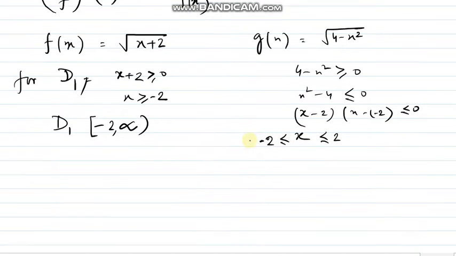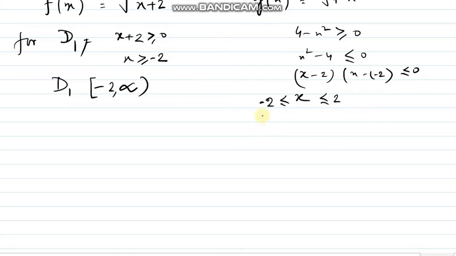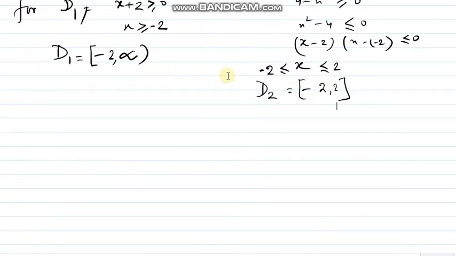What is their common part? So d2 here will be minus 2 to 2. So what is d1 intersection d2 now? d1 intersection d2 is equal to minus 2 to 2. That's the common part.